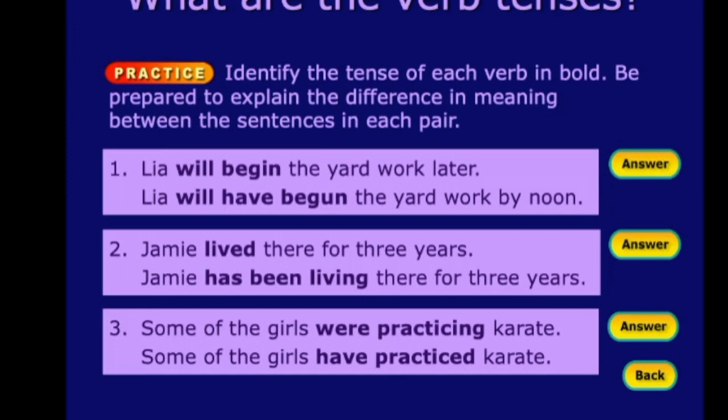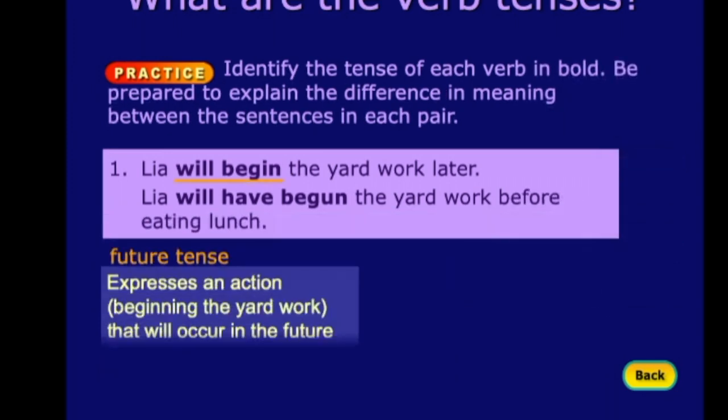So, let's check if your answers are correct. For number one, Leah will begin the yard work later. So this is in future tense. Expresses an action, beginning the yard work, that will occur in the future, which is later.